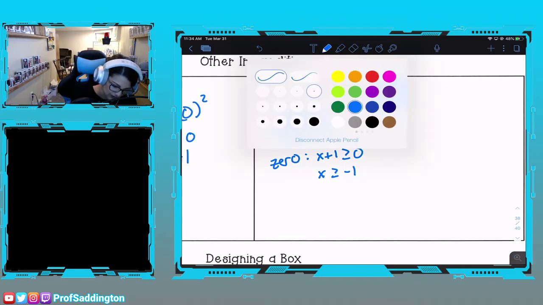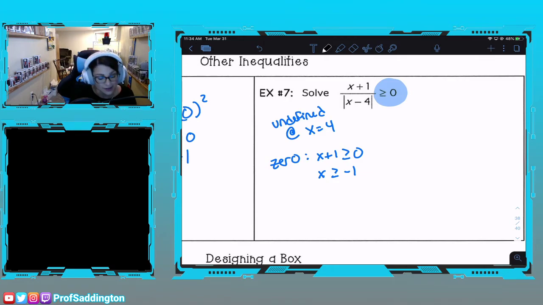Well, if you're not a big fan of the table, we can always graph a picture. I like pictures. My college professor, Dr. Kwong, loved pictures. We know about him. So undefined at positive 4, maybe that's here. My asymptote. I've got negative 1 over here.